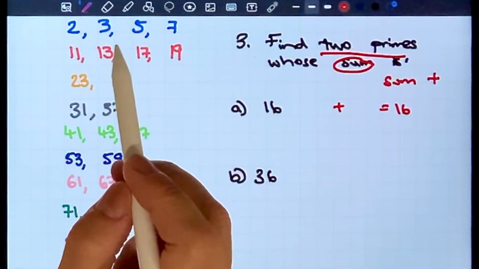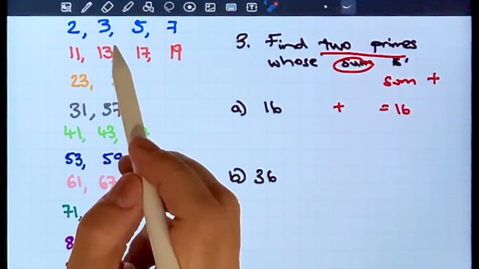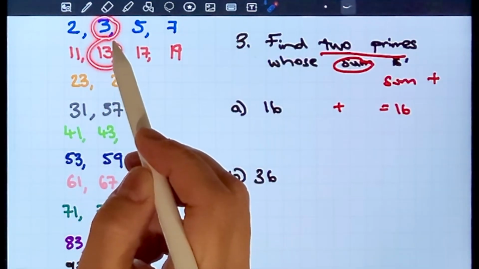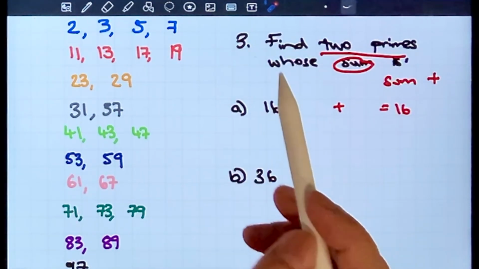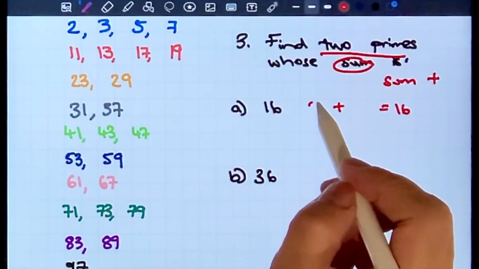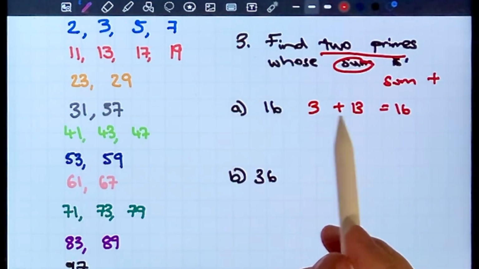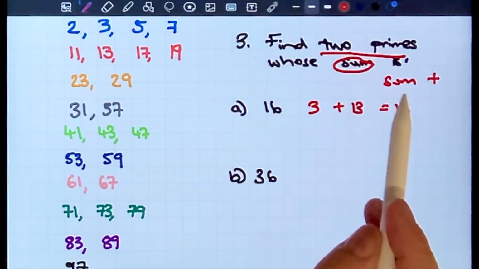So I can see one possibility is if I take the number 3 and I add it to 13, 3 plus 13 is 16, so that could work. So I could say 3 plus 13. So those are two prime numbers, but when you add them, their sum is 16.